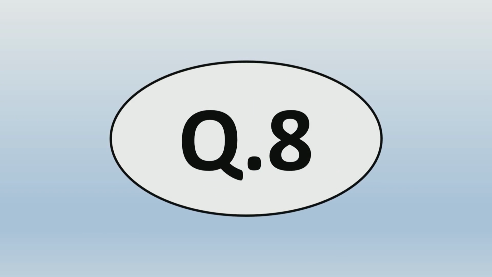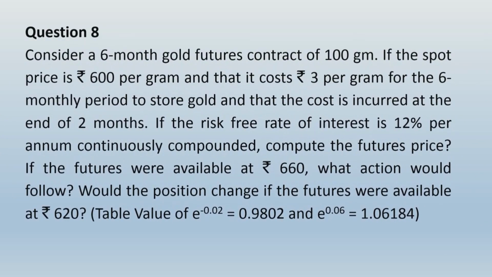We take up question number 8. What is given over here? Consider a 6-month gold futures contract of 100 grams. The spot price is rupees 600 per gram and it costs rupees 3 per gram for a 6 monthly period to store gold, and the cost is incurred at the end of 2 months.